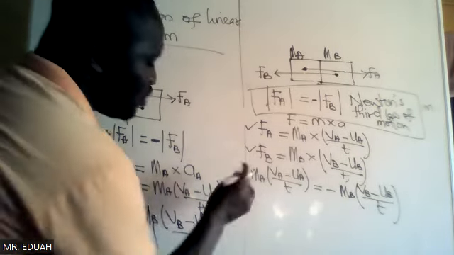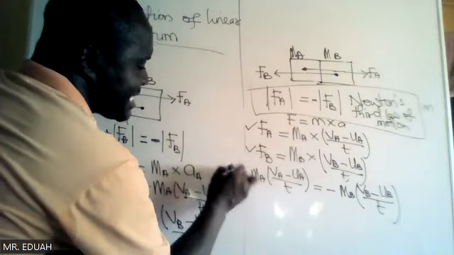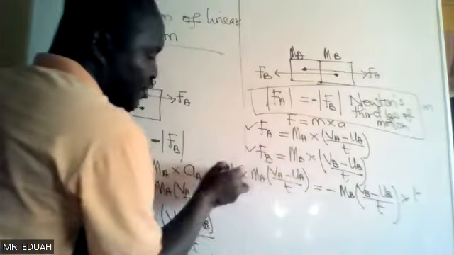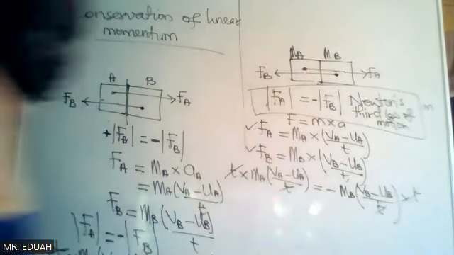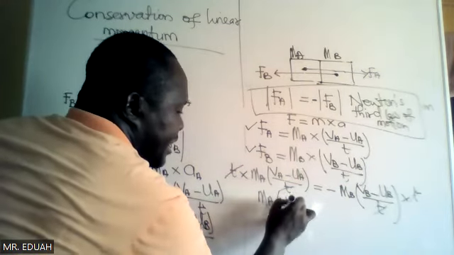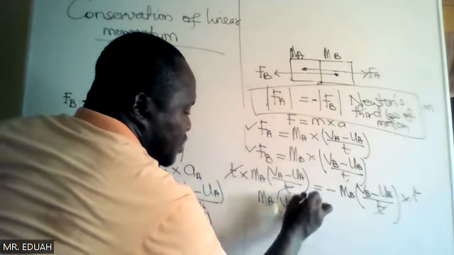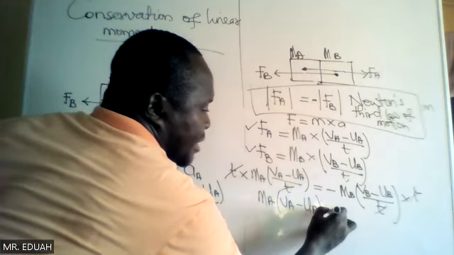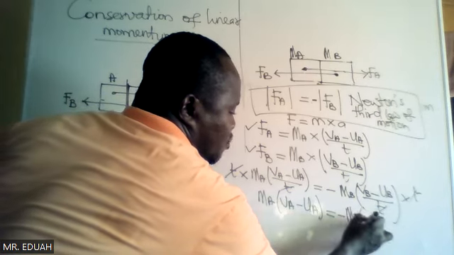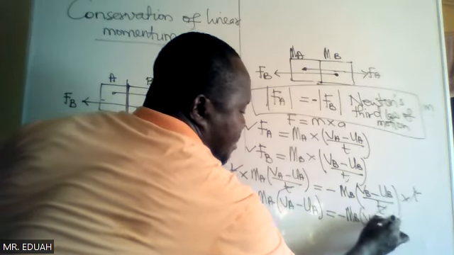And so when you multiply through by time, it can easily cancel out. T will be cancelled from each side of the equation. So we have MA (VA minus UA) is equal to minus MB into bracket (VB minus UB).